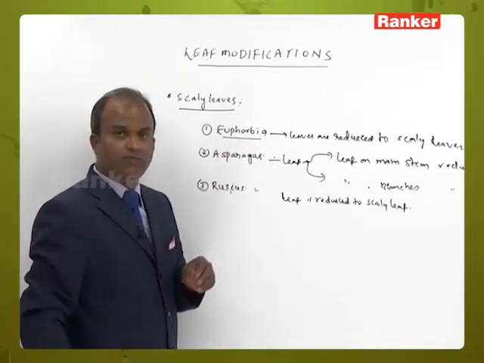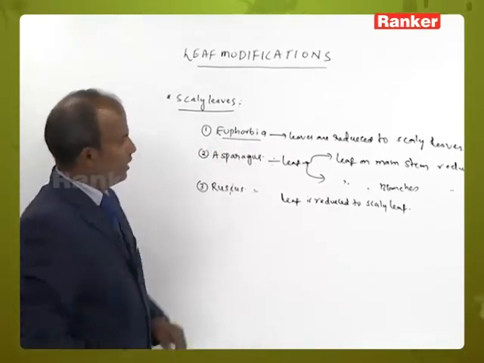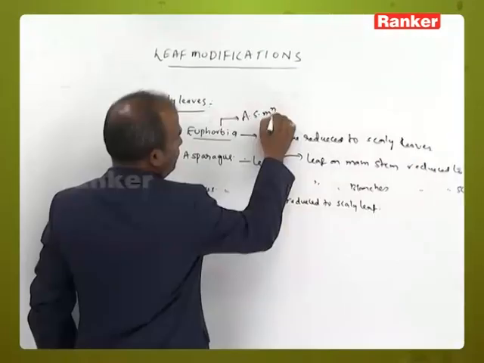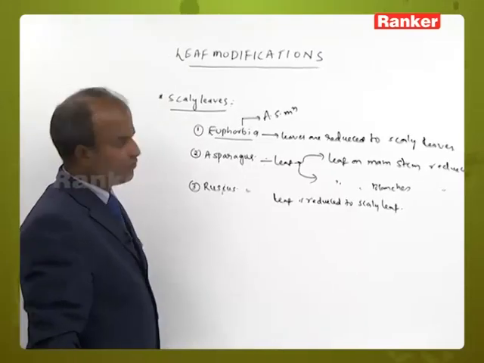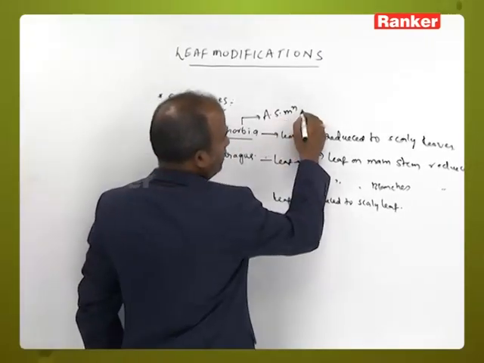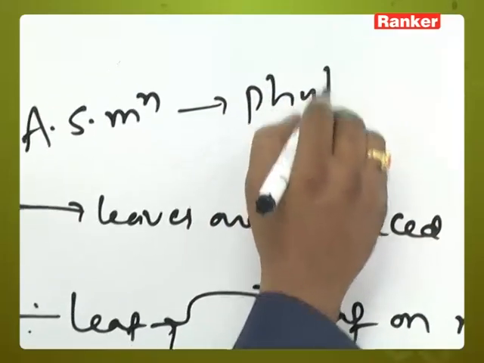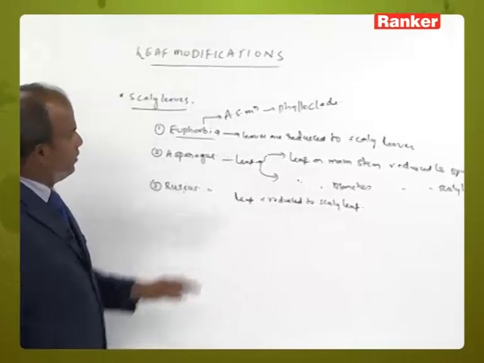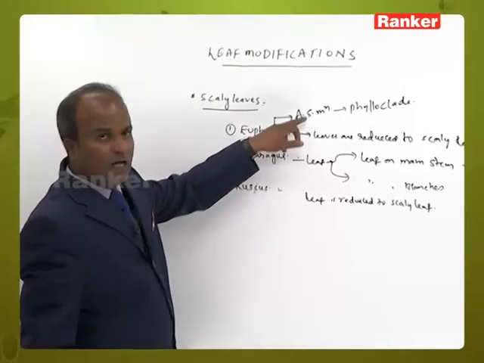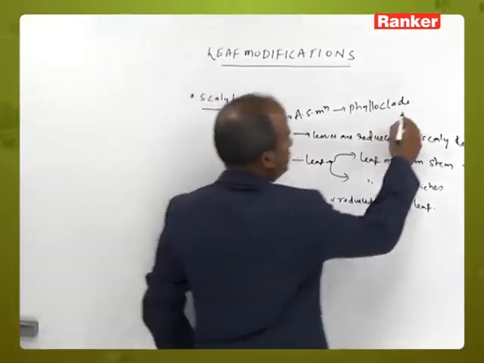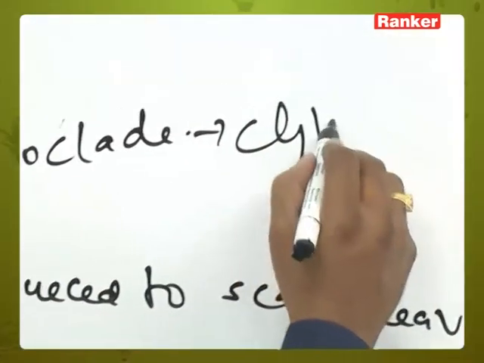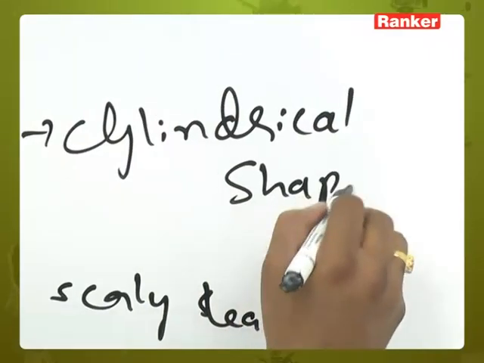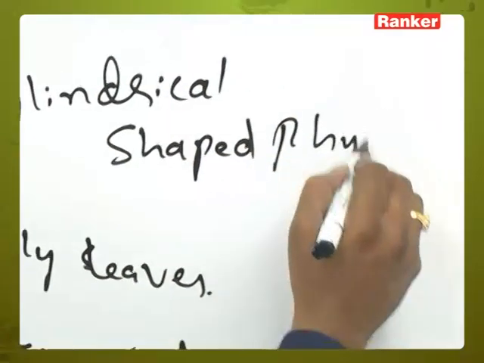We already studied euphorbia under aerial stem modifications, where it is a phylloclade. Which type of phylloclade can be seen in euphorbia? Cylindrical shaped phylloclade can be seen.